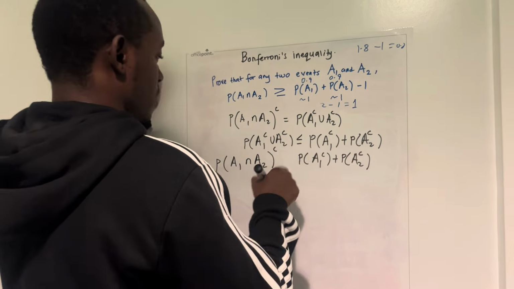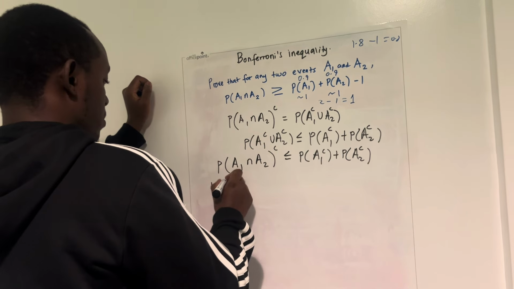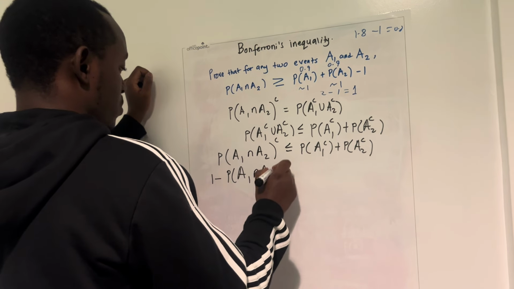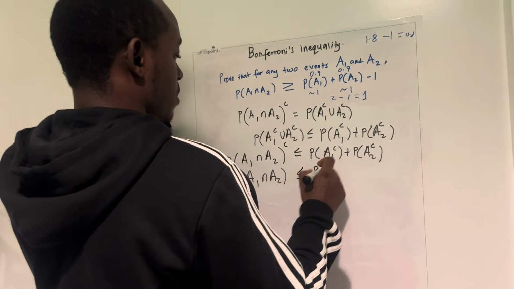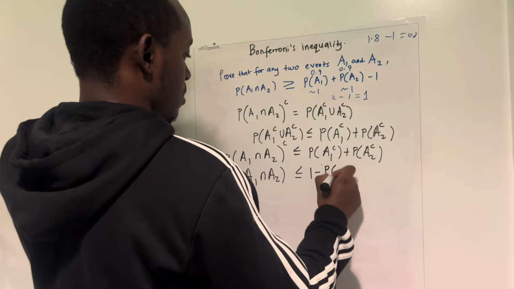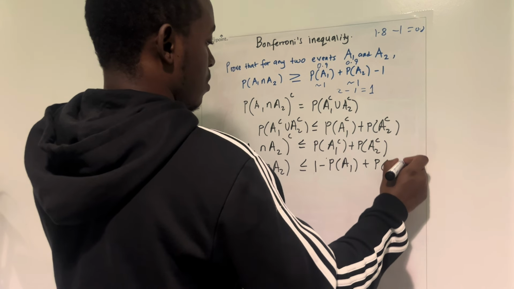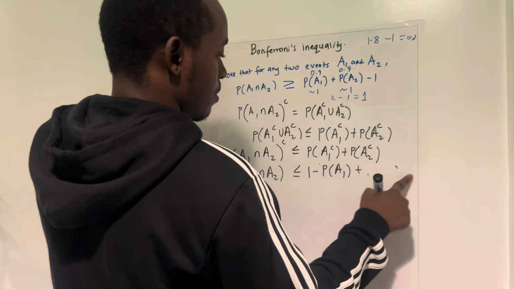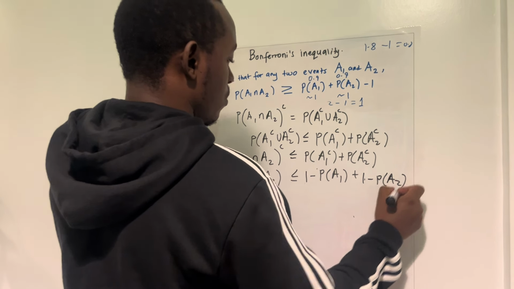So this we know is the same as 1 minus the probability of A1 intersection A2, less than or equal to 1 minus the probability of A1 plus 1 minus the probability of A2.